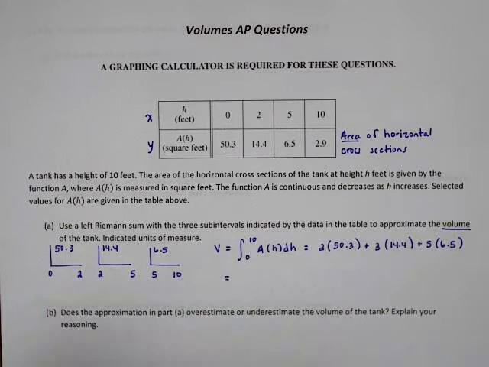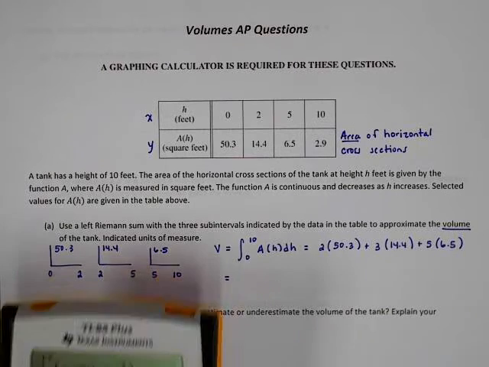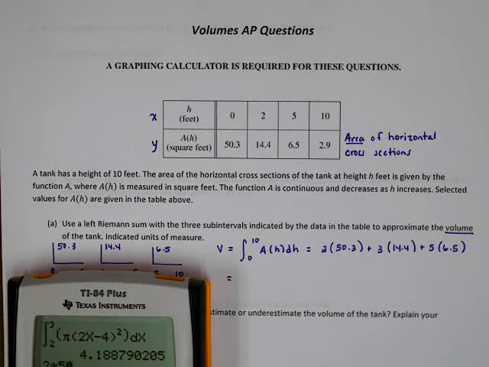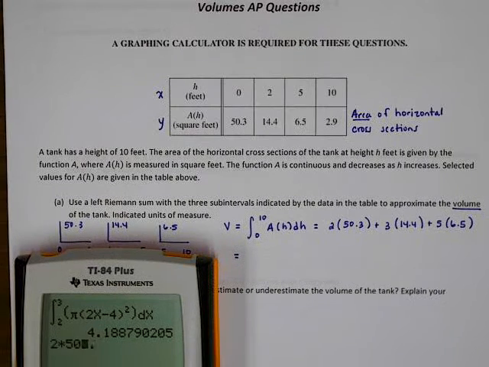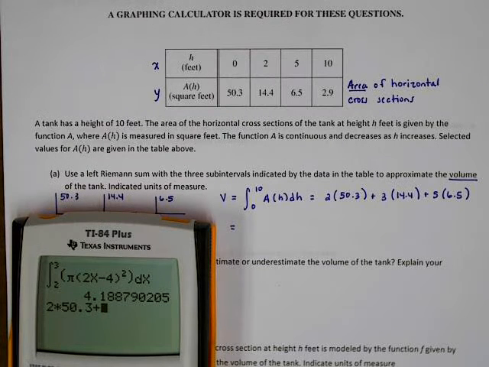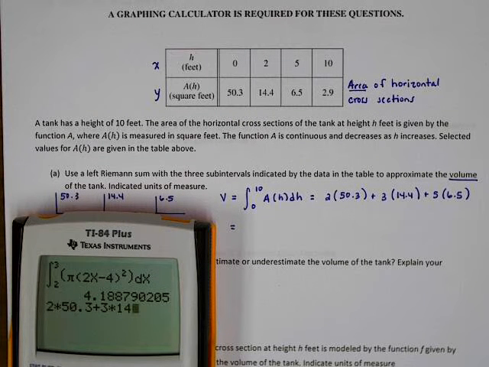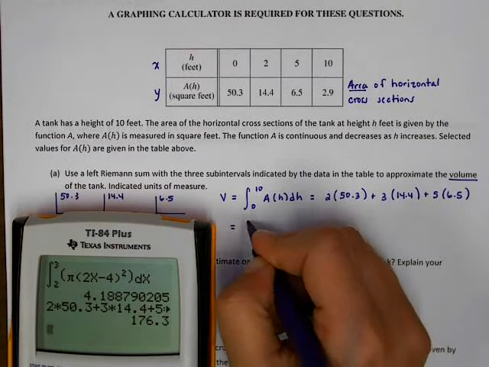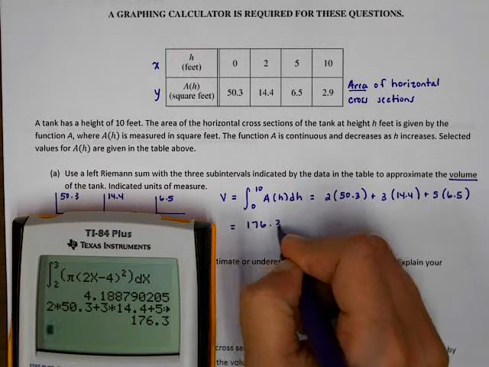Now, this is a calculator question. So at this point, I would just take out my calculator and type everything in: 2 times 50.3 plus 3 times 14.4 plus 5 times 6.5. And I would get 176.3.